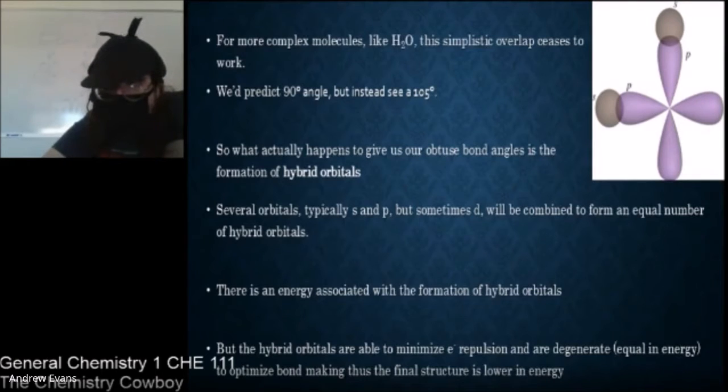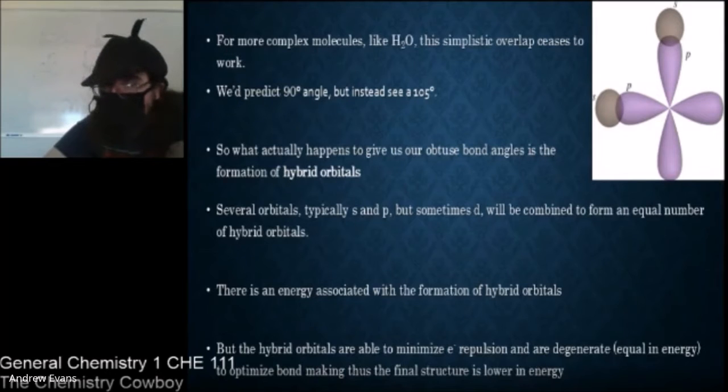And so what actually happens to get these obtuse bond angles is we form what's called a hybrid orbital. You know, when you hybridize a plant, you mix the genes of 2 different plants to get maybe a more resilient plant, a better plant, with a better genome.